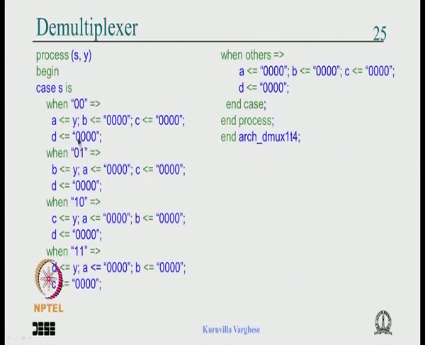So that is shown here. Process with Y and S, this is the select line, this is the input, begin, case S is, and when S is 00 we say A gets Y, and we have to specify B, C, D, everything. Similarly for 01 B gets Y, and C gets Y, D gets Y for 11, the rest all is 00, and we can say when others everything is 0.